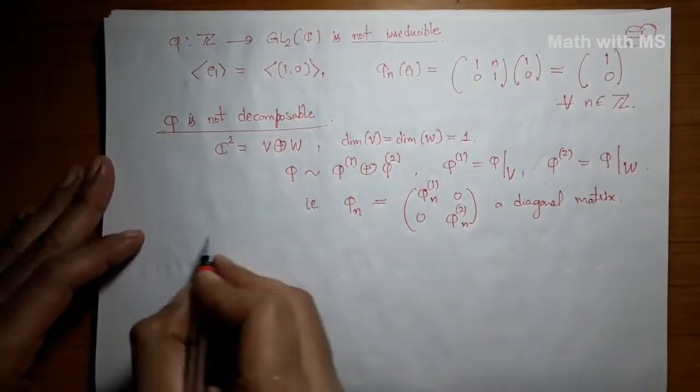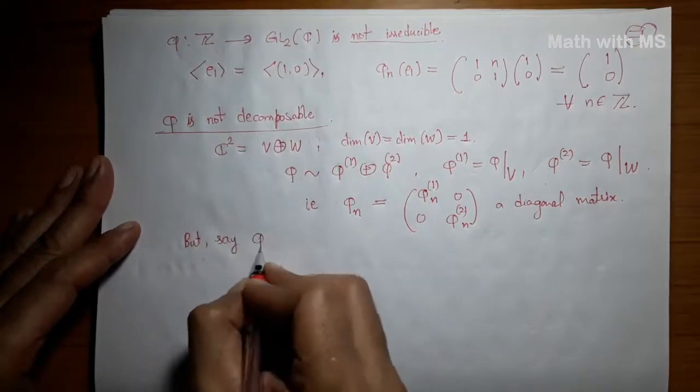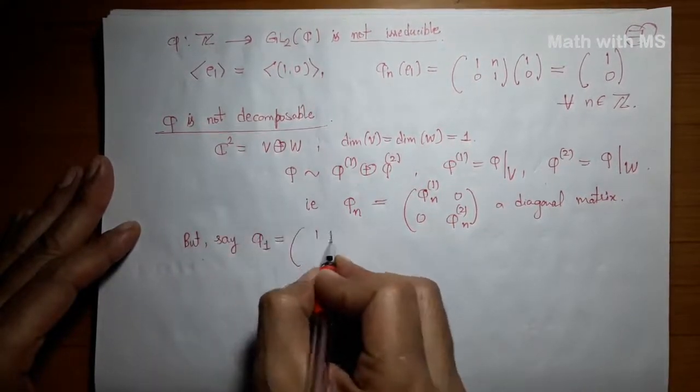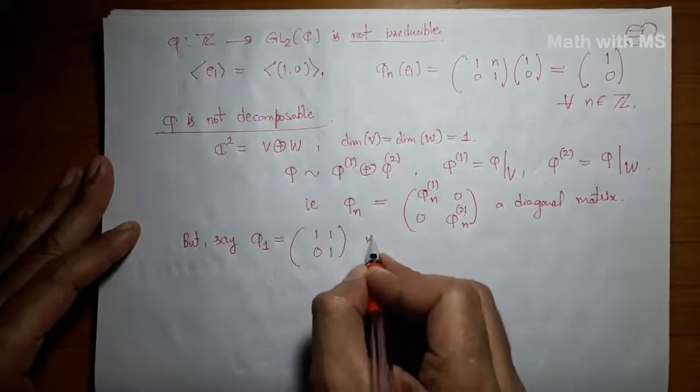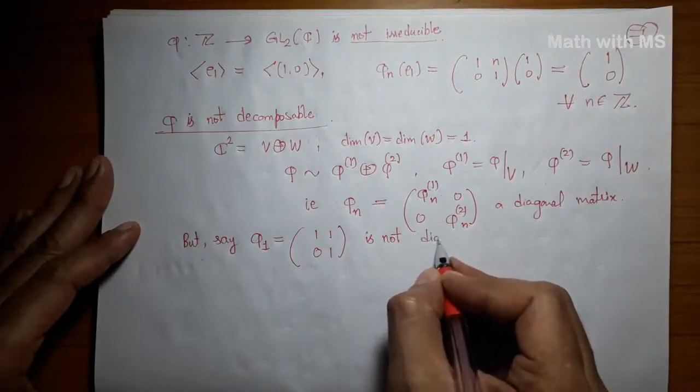But you know that phi 1, which is this matrix 1 1 0 1, is not diagonalizable.